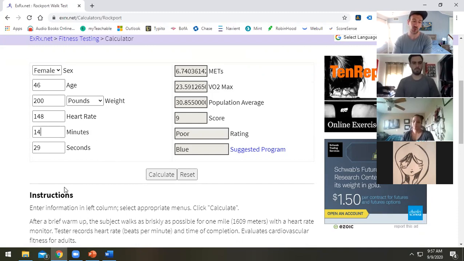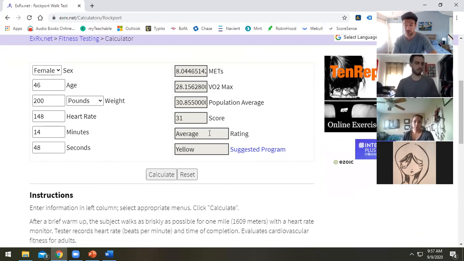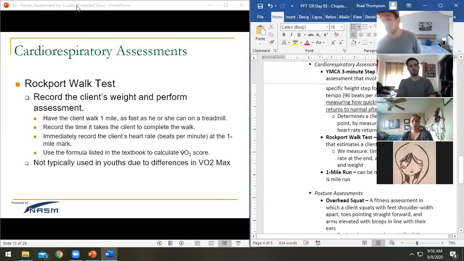Now let's say it takes 14 minutes and 48 seconds. We calculate their VO2 max went from 23.5 to 28, which puts them in the average. So we got them all the way up to average in almost no time, and that's not bad, right? That's sort of how that formula works.